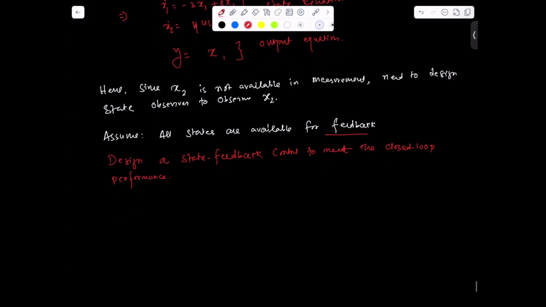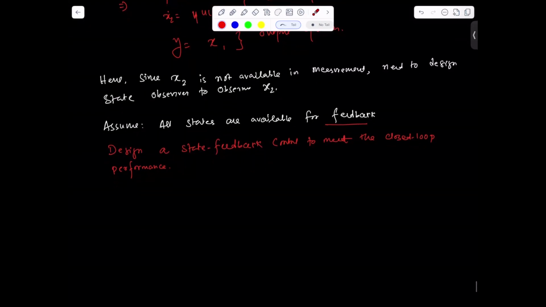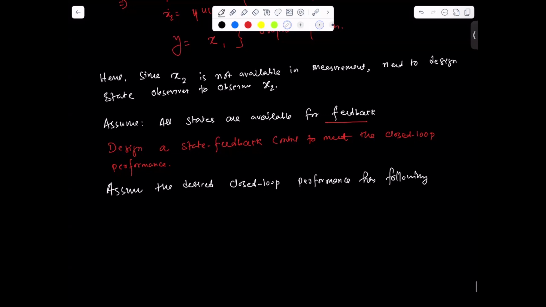Here, for designing the state feedback, we assume the desired closed loop performance as the following characteristic.